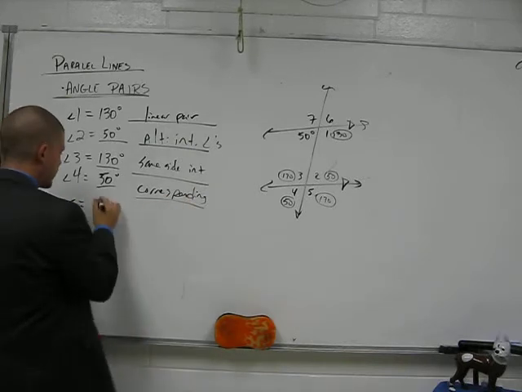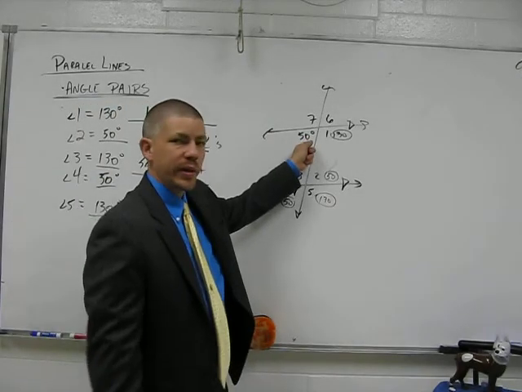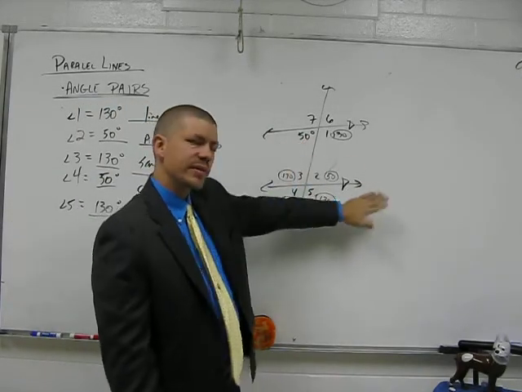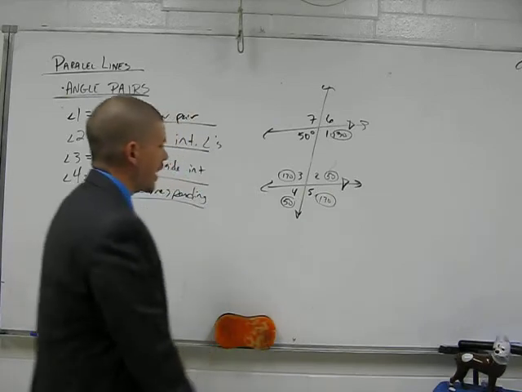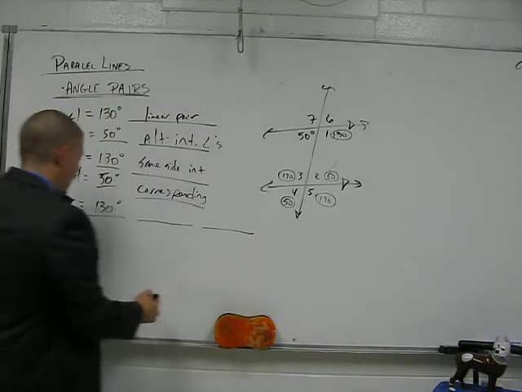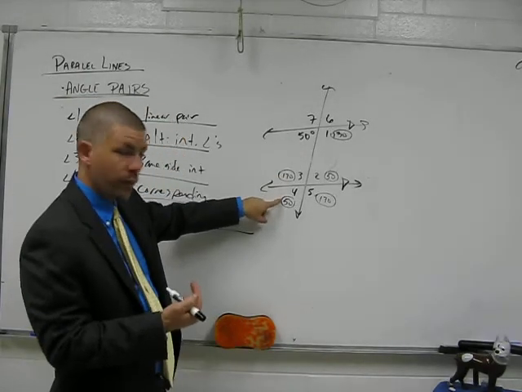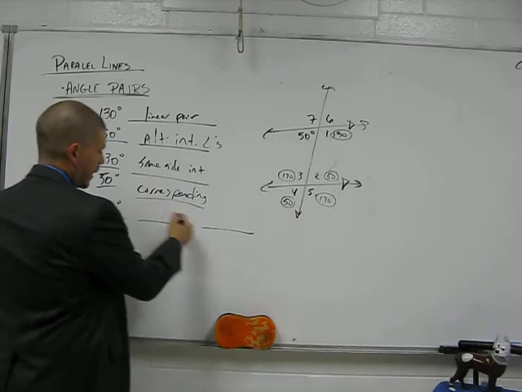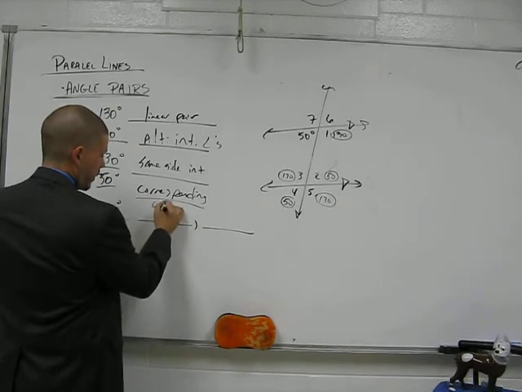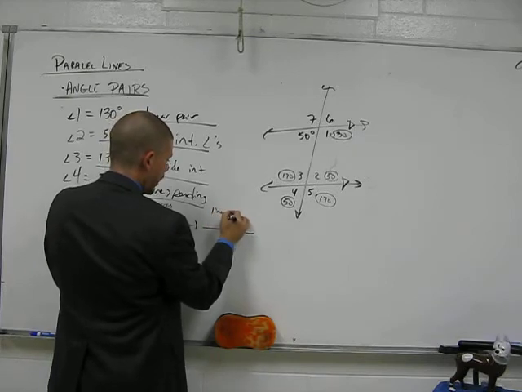So angle 5, that's going to be 130 degrees. But there is no terminology. They are one on the inside, one on the outside, and on different sides of the transversal. So you have to work it in 2 steps. So this is a 2-step problem. I can do a couple of different ways. I can go from the 50 to the 50 at angle 4 because of corresponding, comma, and then I could do a linear pair.